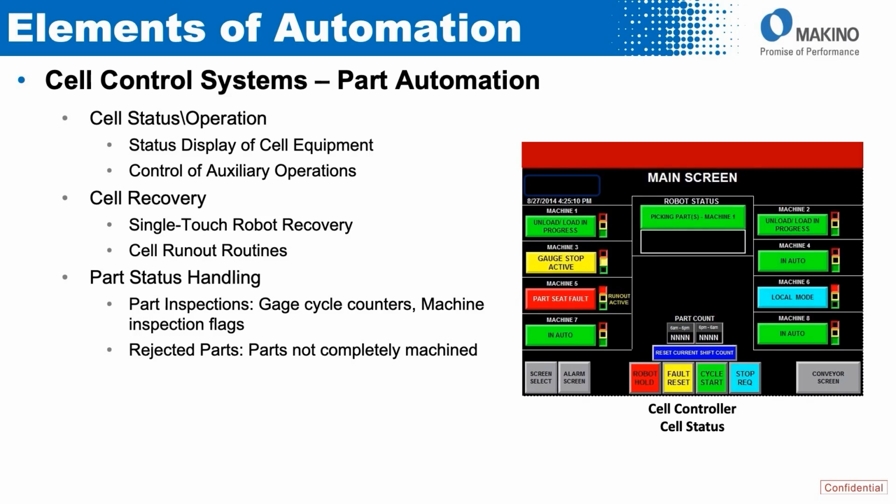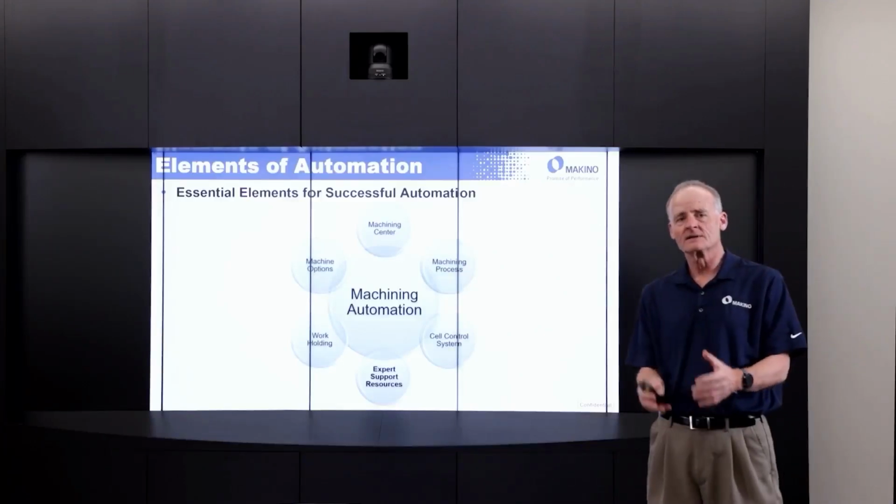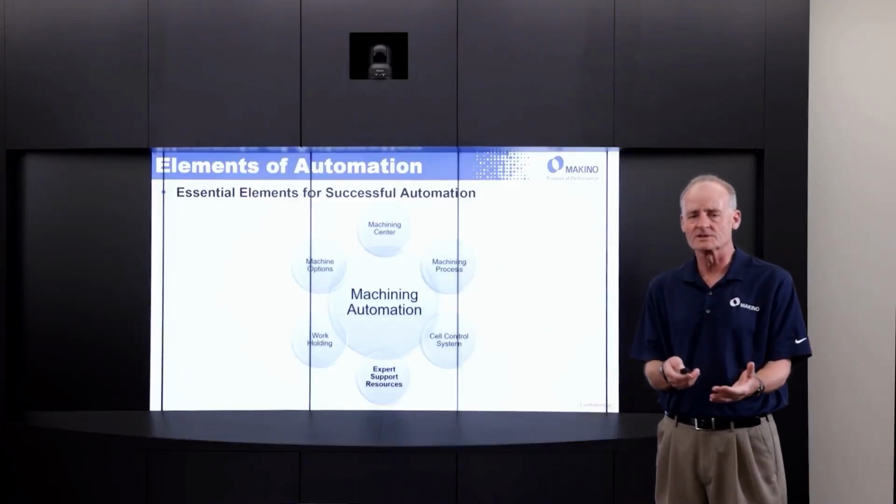But typically, any part that has not been completely machined on a machining center, we're going to take that off and put it into a reject location. And the benefit from that, once again, is a single point of cell control and the status of what's going on within that cell. You've got a single point where you can go to and find out what is happening within your automated cell.